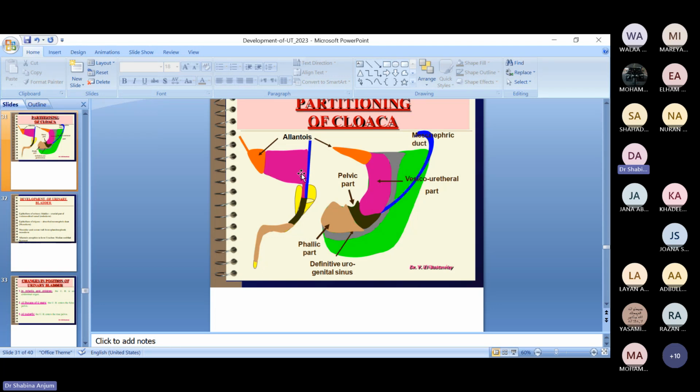So you can say that the trigone will develop from the mesonephric duct. And the urinary bladder will develop from the vesico-urethral part of the cloaca. And then you can see here, this is the pelvic part and this is the phallic part. This is the definitive urogenital sinus.